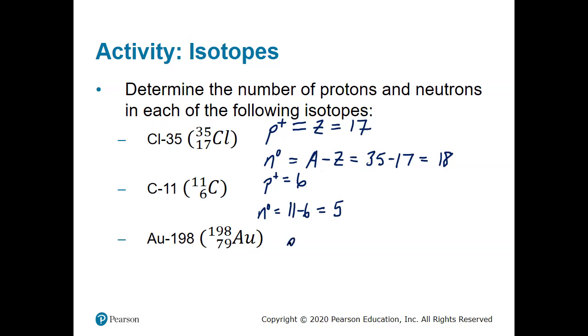For gold, protons, I would have 79. Neutrons, I would have 198 minus 79, which you can do in your head if you wish, or you can just punch it into your calculator. 119 will be the result either way.